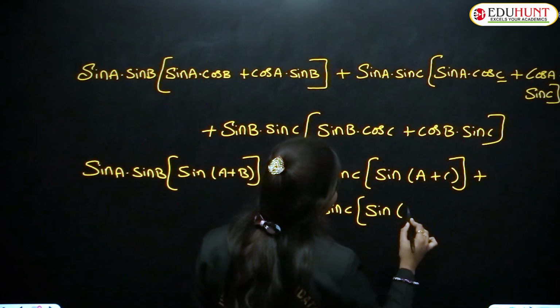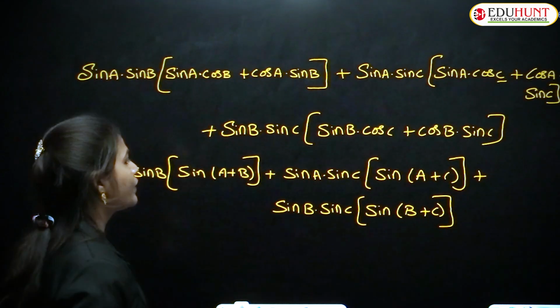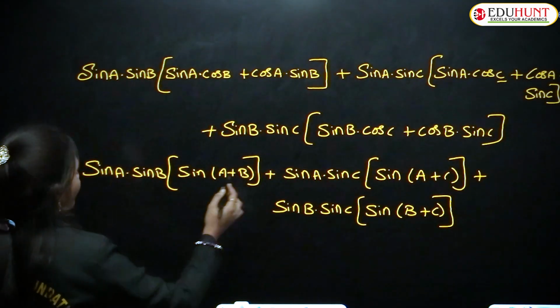So at the place of A, here B is there, at the place of B, C is there. So sin of B plus C.